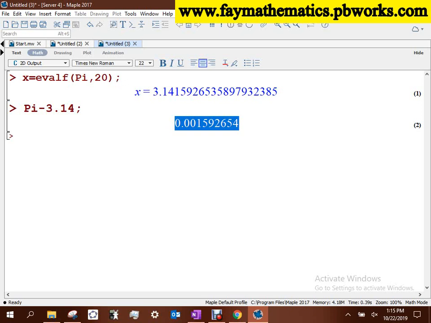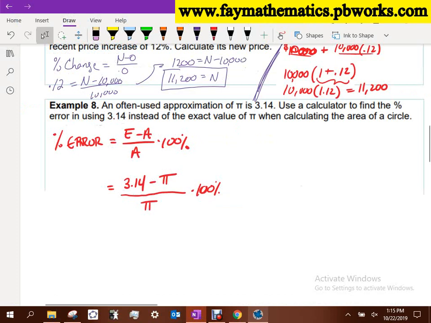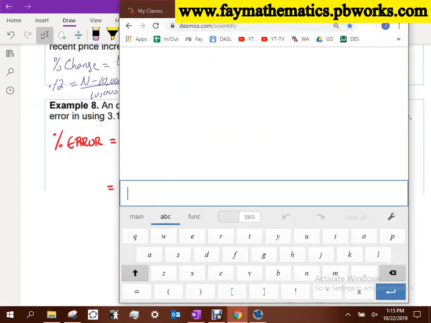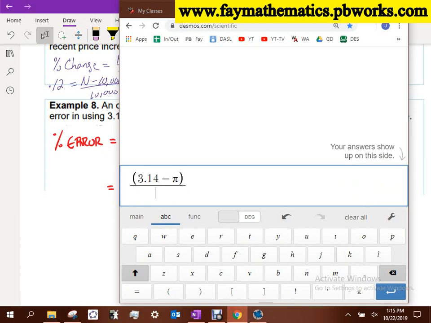This is going to be working essentially with something like the area formula for a circle. So when I do this percent error, we can go 3.14, that's my estimated value, minus the actual value of pi. And if I divide that by pi, then it gives me that number right there. Now, you guys know what that 10 to the negative 4 means?